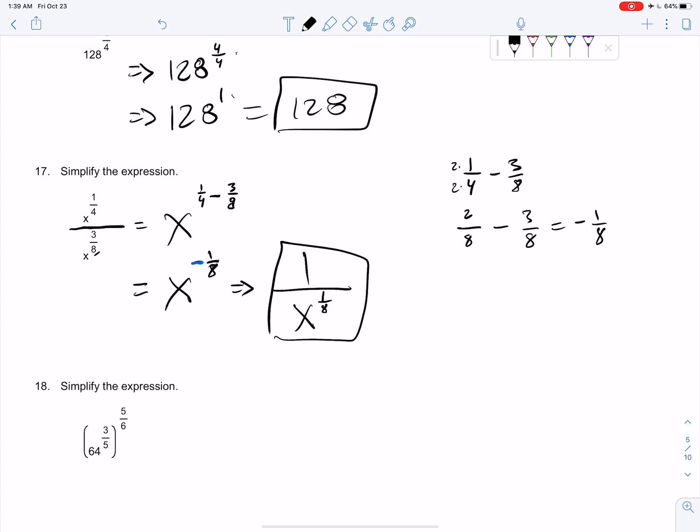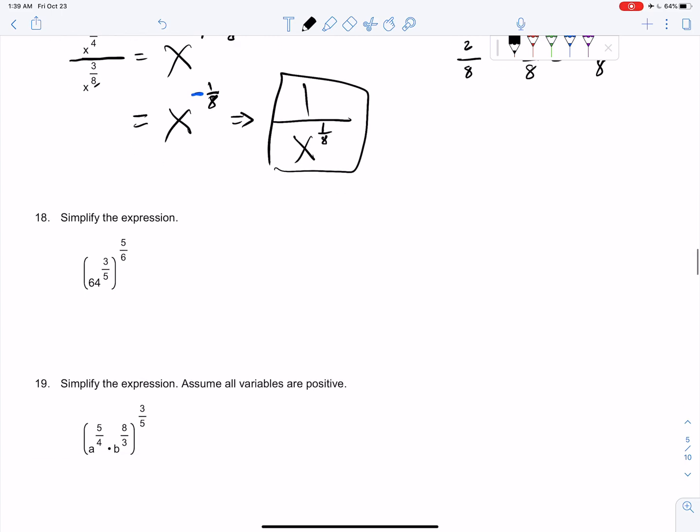That is an equivalent statement, but now that blue negative went away because we put that whole expression down in the denominator. Signs change.